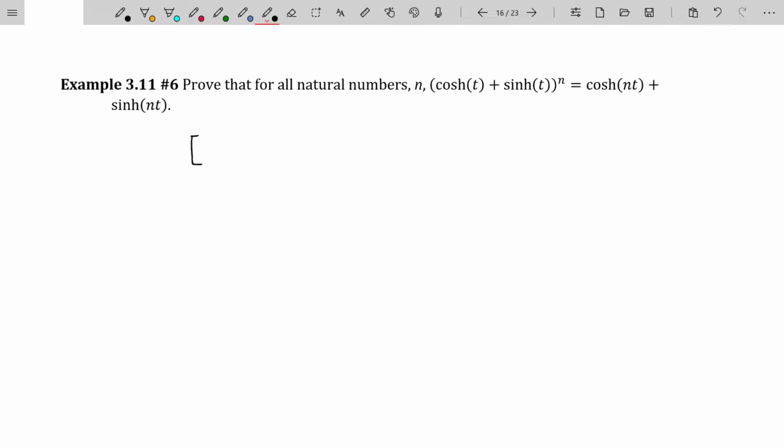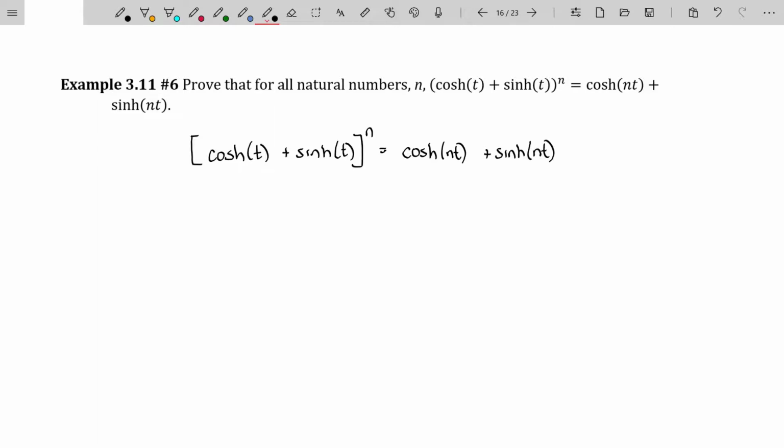This is saying that you have the cosh of t plus the sinh of t to whatever power you want. By the way, a natural number power, this should equal the cosh of nt plus the sinh of nt.